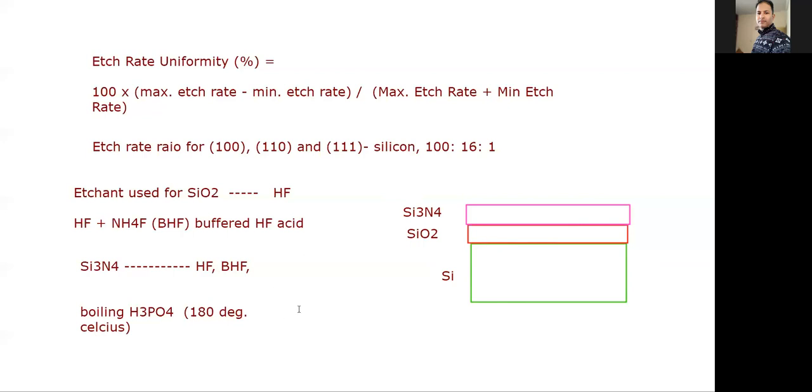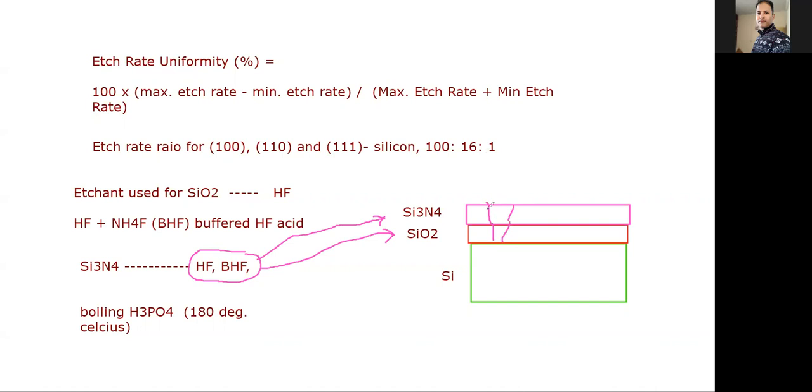So in this case, if we use hydrofluoric acid or buffered hydrofluoric acid, we know that hydrofluoric acid removes oxide also. When we use hydrofluoric acid or buffered hydrofluoric acid, it will remove both layers. It will remove the silicon nitride, and once it has removed silicon nitride, it will start working on silicon dioxide as well.